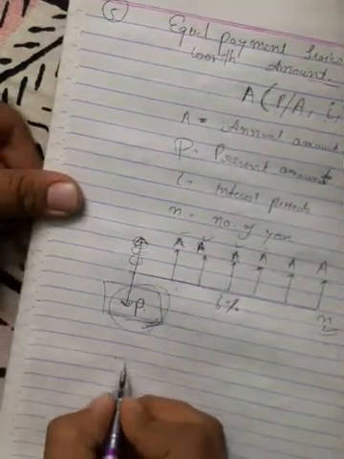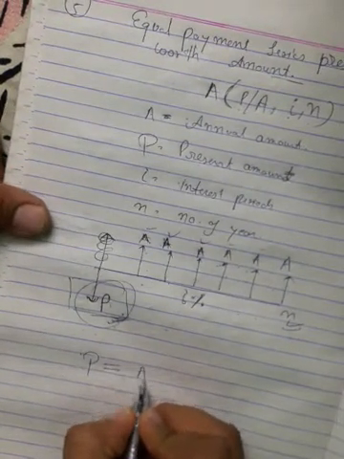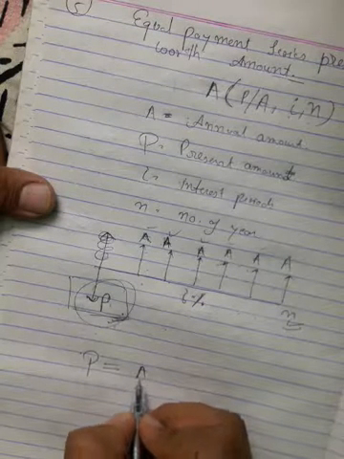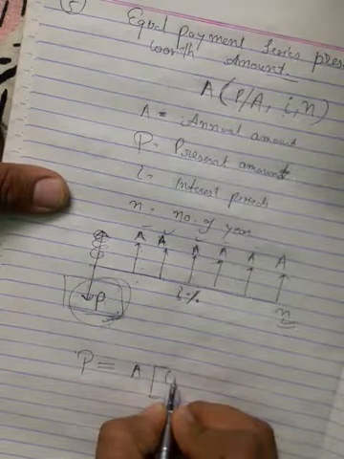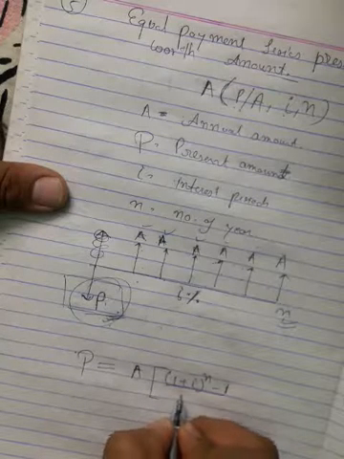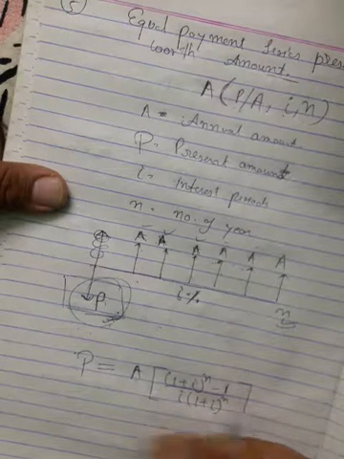To find that P we have a formula: P equals A times (1 plus i) to the power n minus 1, divided by i times (1 plus i) to the power n.